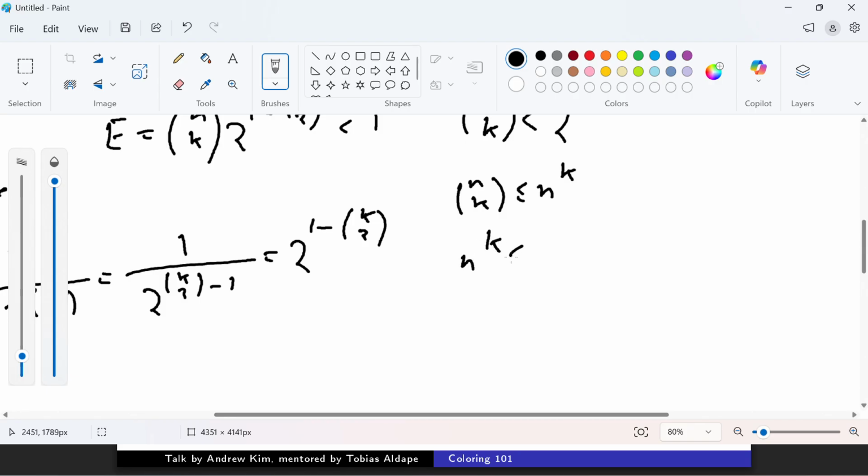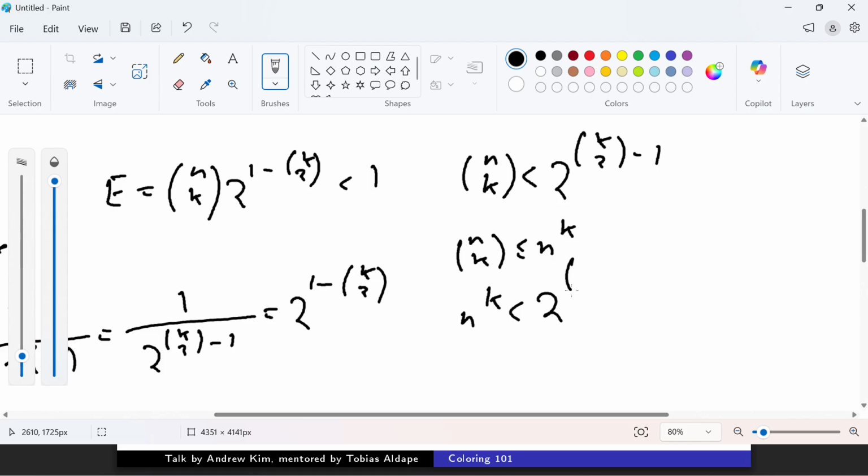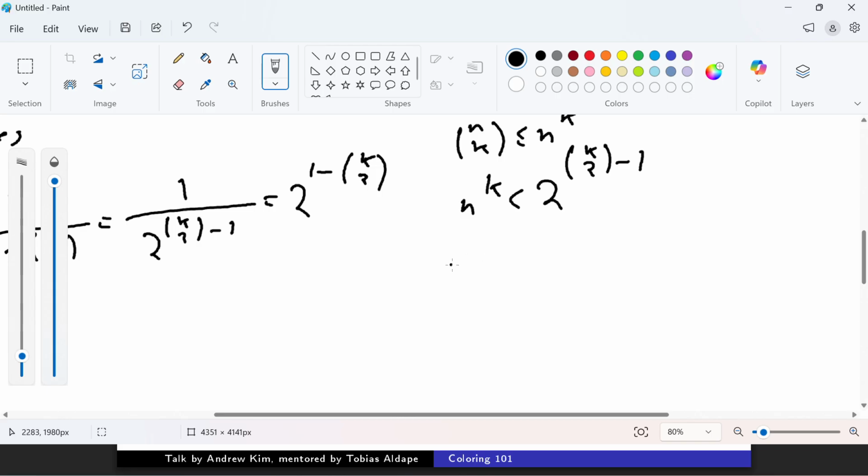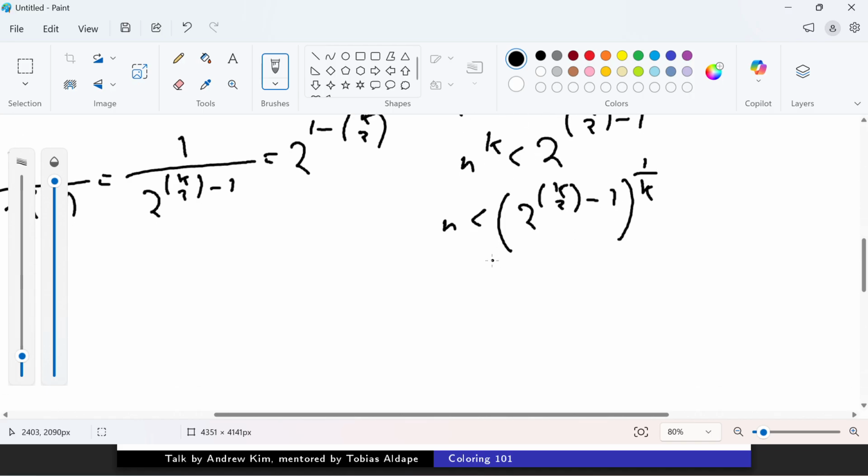So we have n to the k is less than 2 to the k choose 2 minus 1, which means that any choice of n which satisfies this inequality will work. And so how does this bound grow?